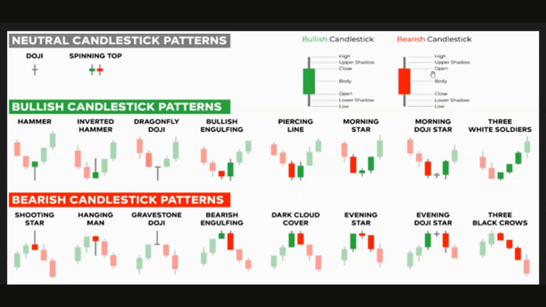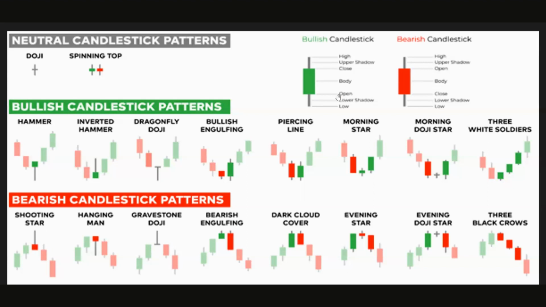Versus on a bearish candle, we're looking at it opening at a higher price and closing at a lower price, which means it started off higher than it ended on the bearish side. And on the bullish side, it started off lower than it ended.